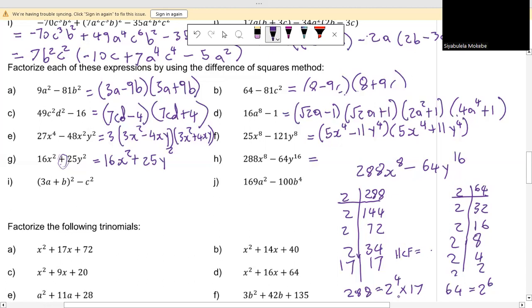So between 2 to the 4 and 2 to the 6, we take 2 to the 4. 17 is not common. So my HCF is 2 to the 4, which is 16. So the highest common factor here is going to be 16.